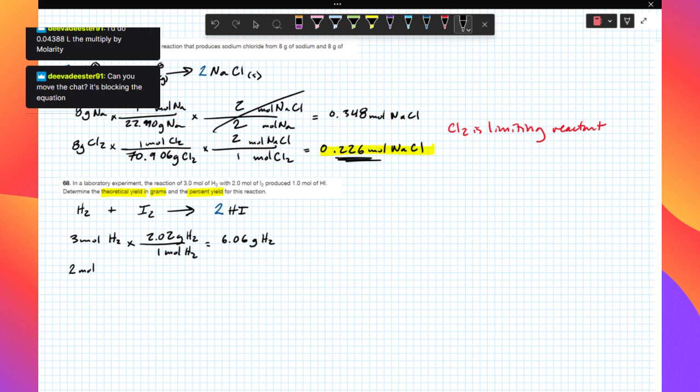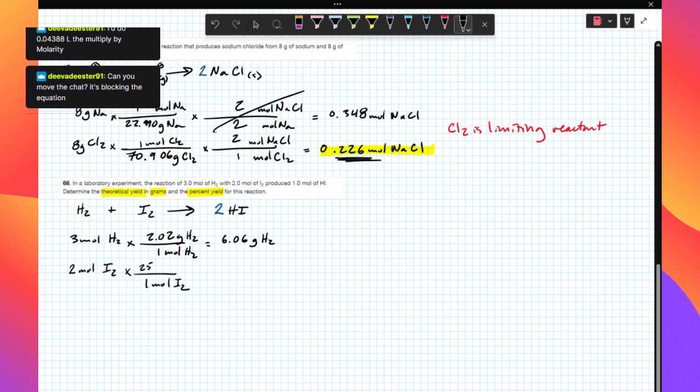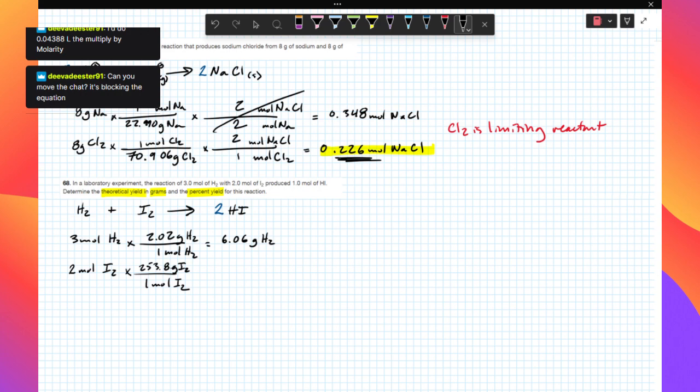So 2 moles, 126.9 times 2 gives us 253.8 grams for diatomic iodine. Good practice. We don't really need this information.